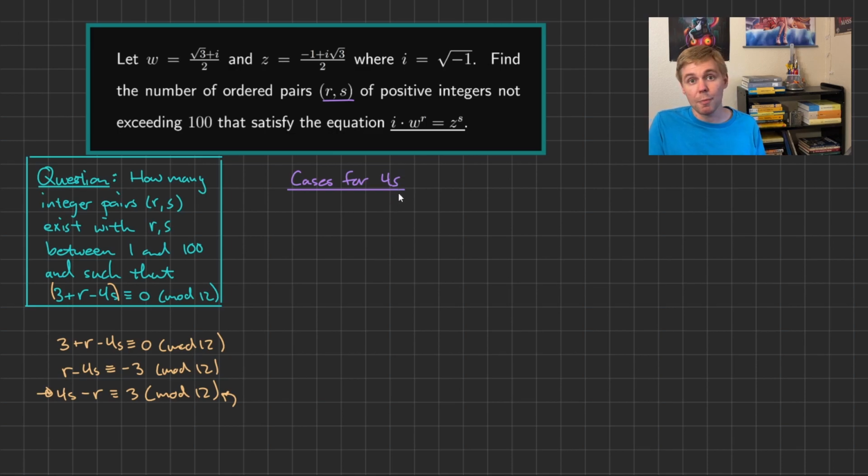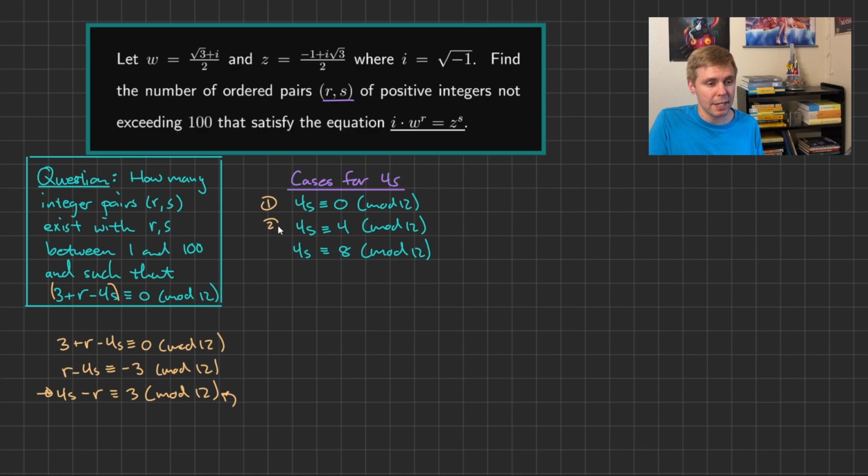And if you take a look at the remainders of multiples of 4 when you divide them by 12, you would find that 4s has to be congruent to either 0 mod 12, so a remainder of 0 when you divide by 12, or 4s has to be congruent to 4 mod 12, so a remainder of 4, or it can be congruent to 8 mod 12. These are the only options. Let's take a look at what happens in each of these options. So let's go ahead and name these. We'll say case 1, case 2, and case 3. So let's take a look at each of these cases.